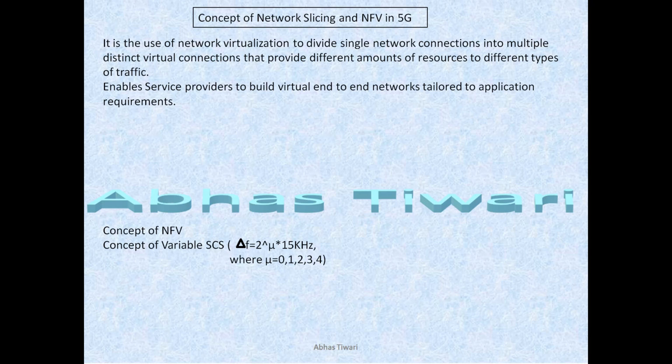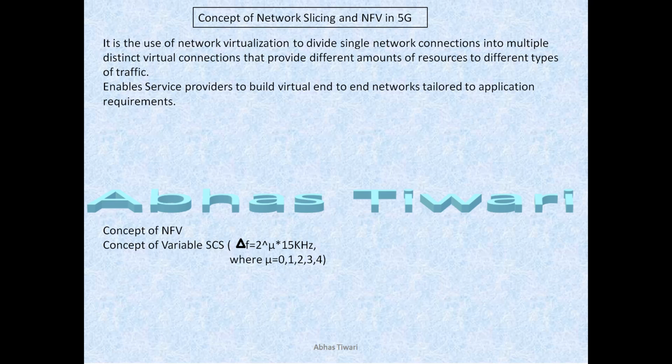Apart from that, cellular usage is not much impacted by latency, and throughput is also not very much required. So there are different kinds of usages, and we can tailor these requirements according to the end user.